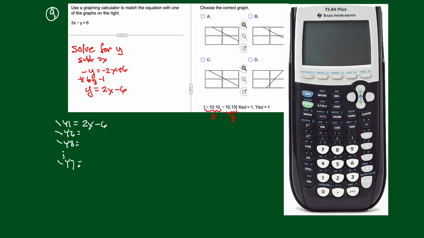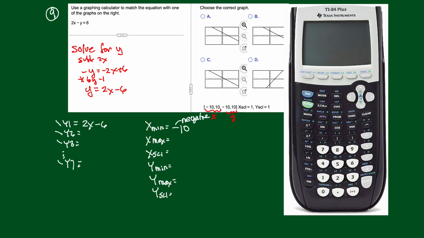If you look over on your calculator, this key right here says window on it. It's not coming up too clear on this picture, but it says window. So press that key right there, and then what you get is all this stuff right here.